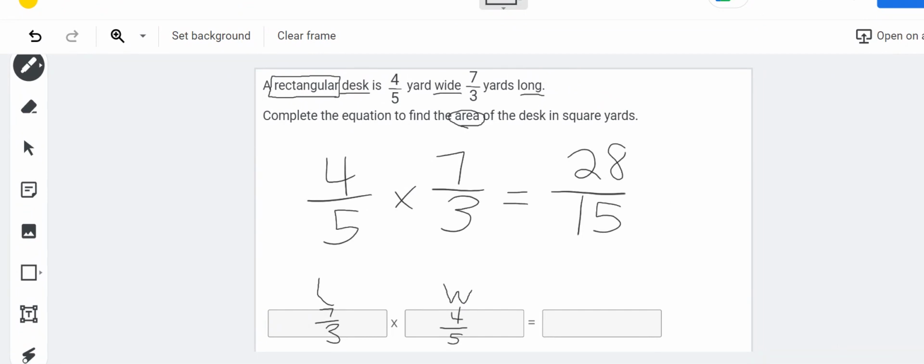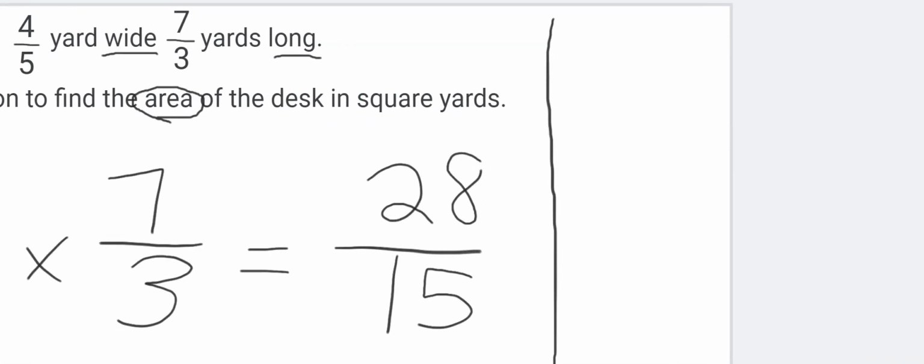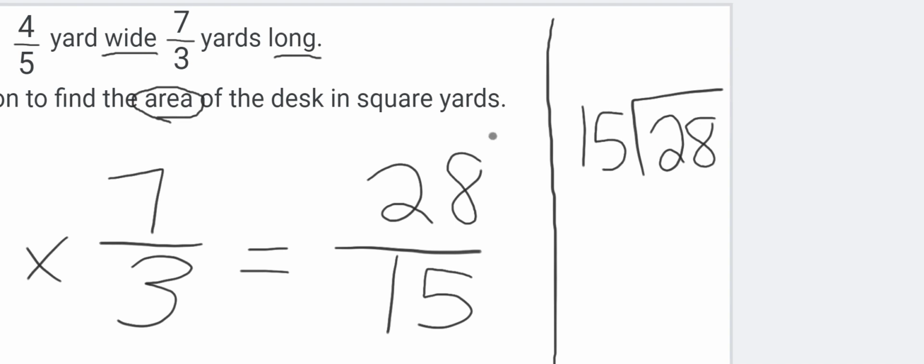However, I notice that this is an improper fraction. So when I see a fraction and I see this fraction bar, what operation can I do? That's right, I can divide. So I'm going to put 28 as my dividend, 15 as my divisor.